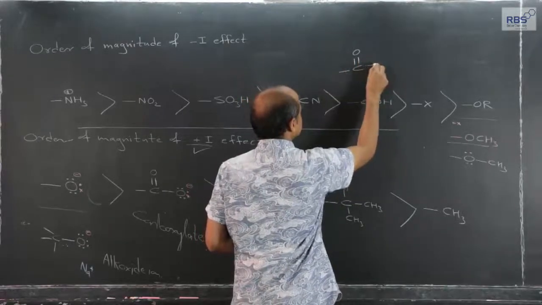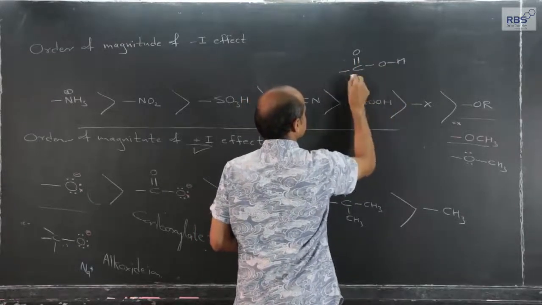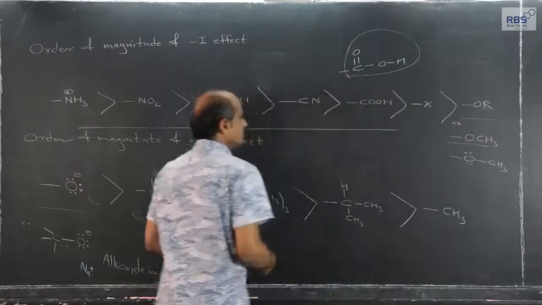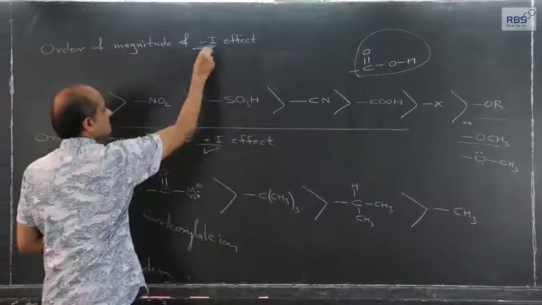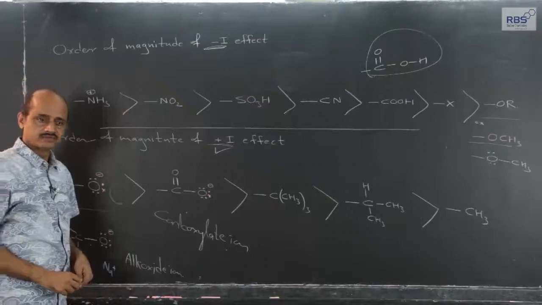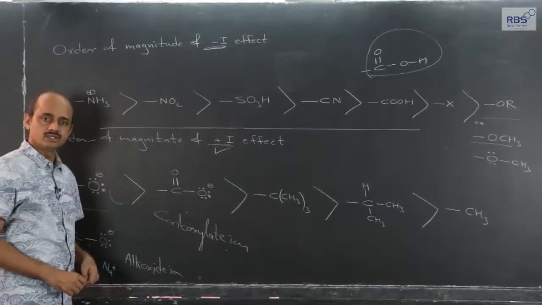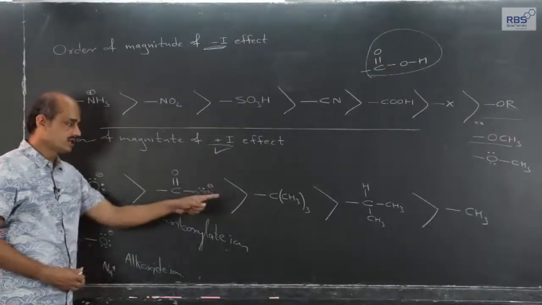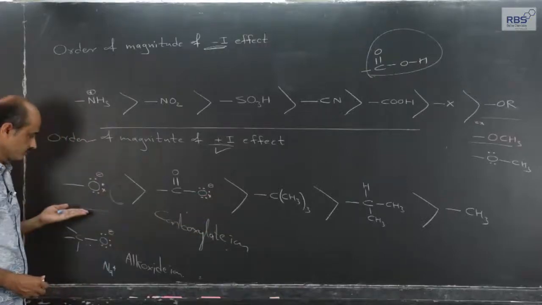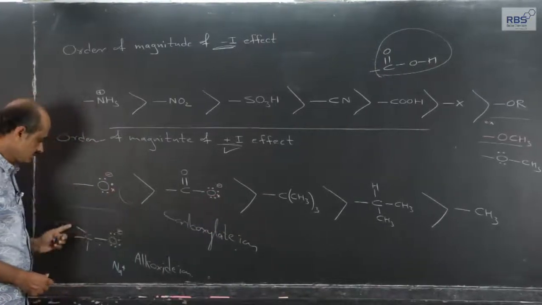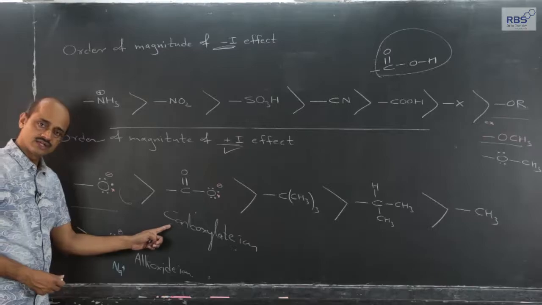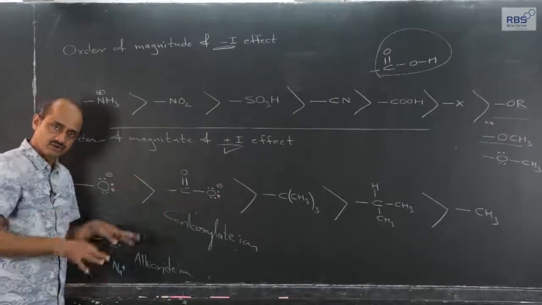while the carboxylic group, this group, becomes an example of negative inductive effect. This is very important: in addition to alkyl groups, there are a few other groups like the alkoxide ion and carboxylate ion, which are present in the chain of carbon atoms.